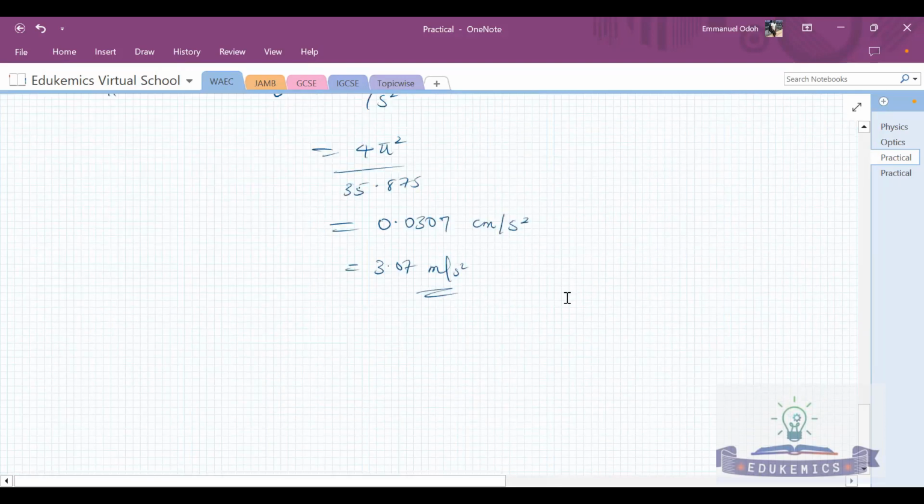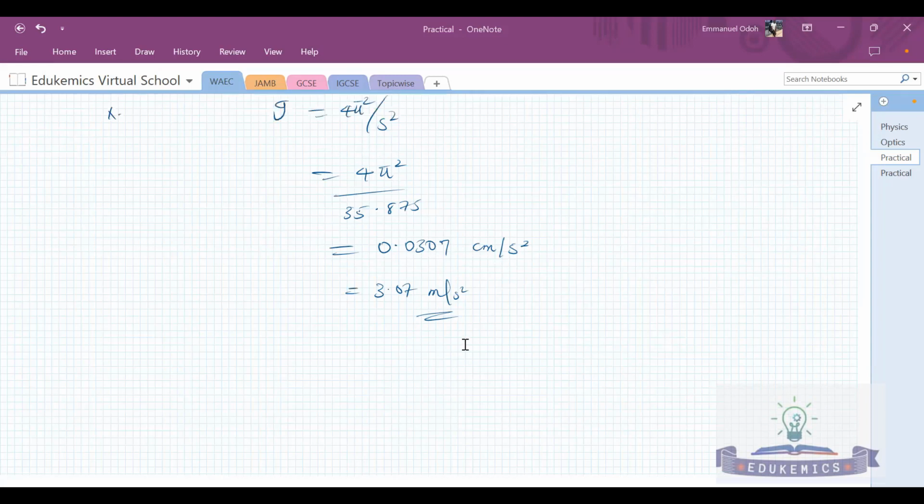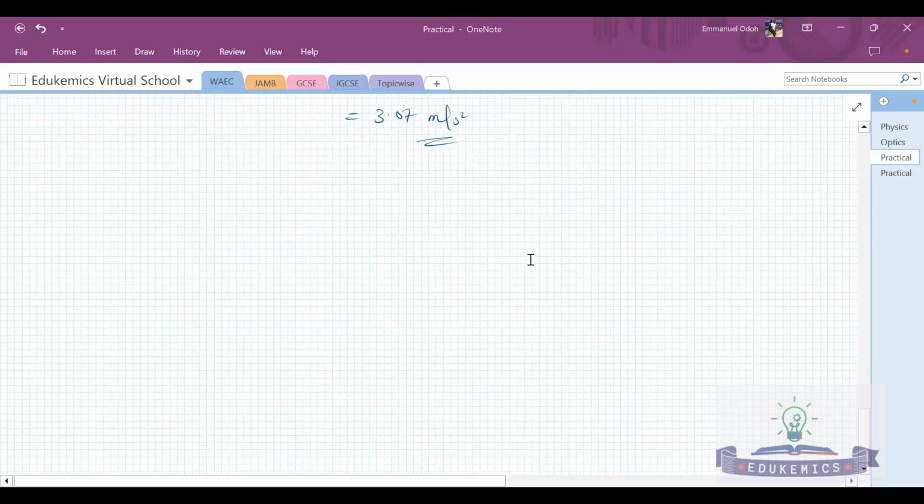But normally, sometimes the equation, this formula, will not be given to you, but you can do the transformation.